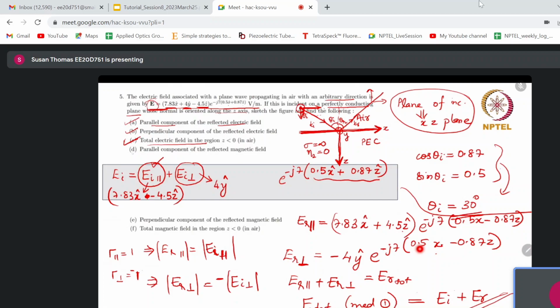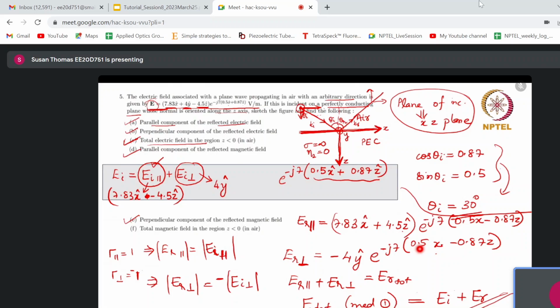Now coming to the D part, how do we find it? The D part is the parallel component of the reflected magnetic field, and the E part is the perpendicular component of the reflected magnetic field. To get both of them, first of all we should have the parallel and perpendicular components of the incident magnetic field.